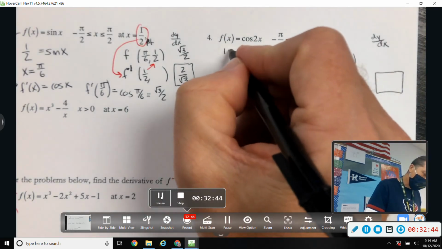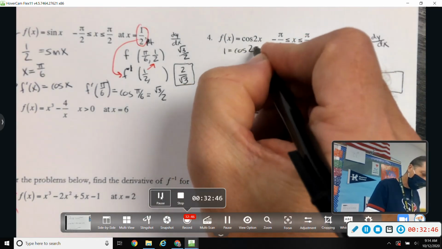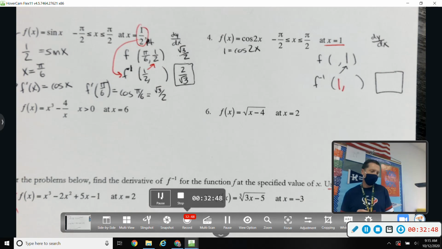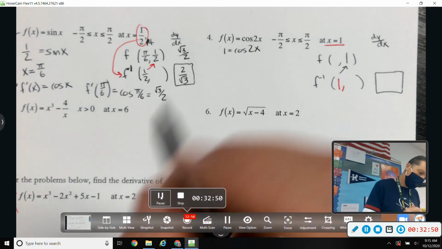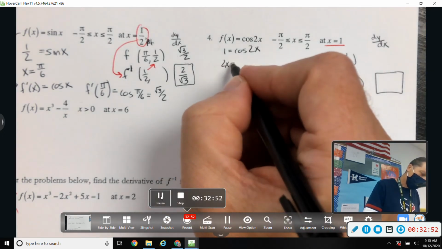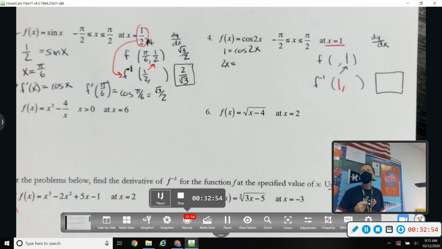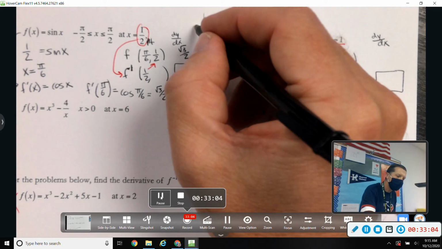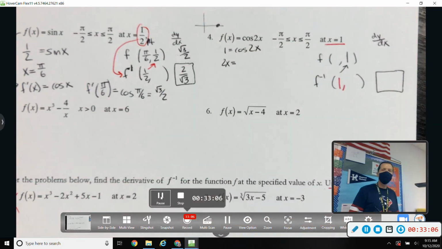So 1 equals cosine of 2x. This is kind of a pain. So 2x then has to be, what angle has a cosine of 1? Forget the 2x part. What angle has a cosine of 1? 0.